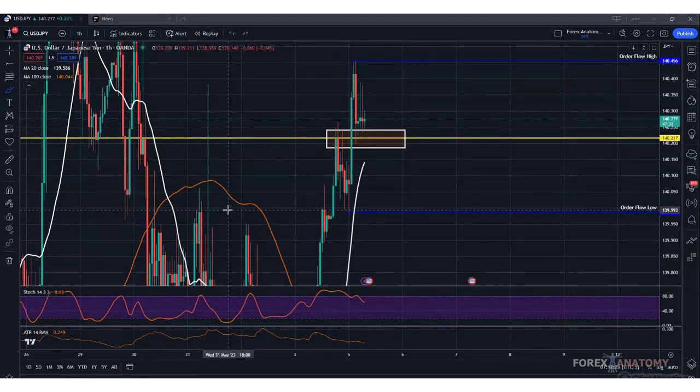Whenever we see US Treasury yields move to the upside, we would traditionally see the US dollar Japanese yen move to the upside, as the market prices in a higher dollar due to higher rates. So this move for today in US dollar Japanese yen is primarily dollar driven, and really most of the moves across most of the currency pairs today are dollar driven.